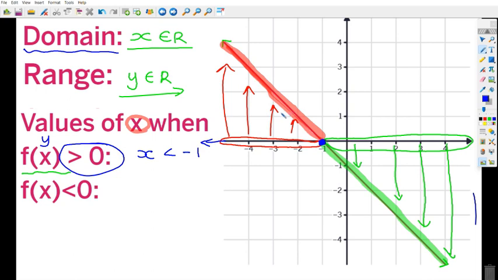Now if they ask f of x is smaller than 0, if it's smaller than 0, it's below the x-axis. So I find my x-intercept. There it is. Go to my blue dot. And where's the graph below the x-axis? Is it to the right of the dot or to the left of the dot? To the right.